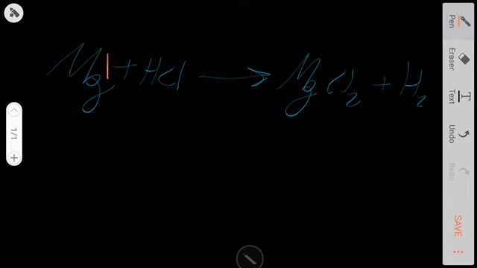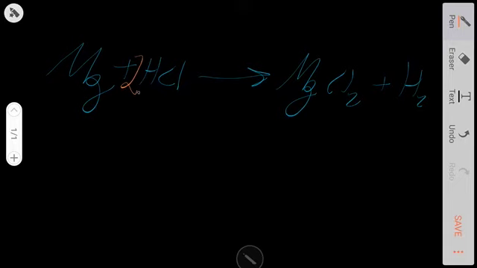Here I have 1 magnesium in my reactants and 1 magnesium in my products. So that's cool. Here I have 1 hydrogen in my reactants and I have 2 in my products. So automatically I know, hey, I have to multiply this whole thing by 2. Fantastic.